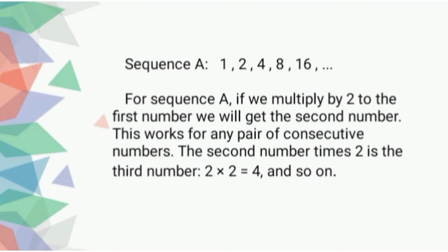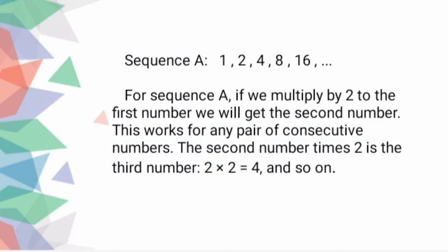This holds for any pair of consecutive numbers. The second number times 2 is the third number. 2 times 2 equals 4, and so on.